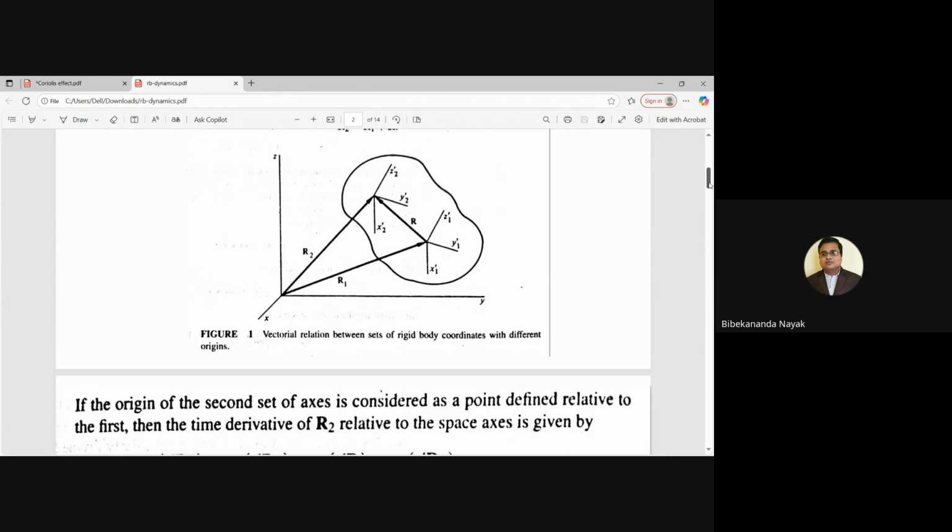Suppose we take two particles with position vectors R1 and R2 with respect to an arbitrary origin O, and the difference between them is R. Then by the formula R2 is equal to R1 plus R. If we take its derivative, dR2 by dt is equal to dR1 by dt plus dR by dt.